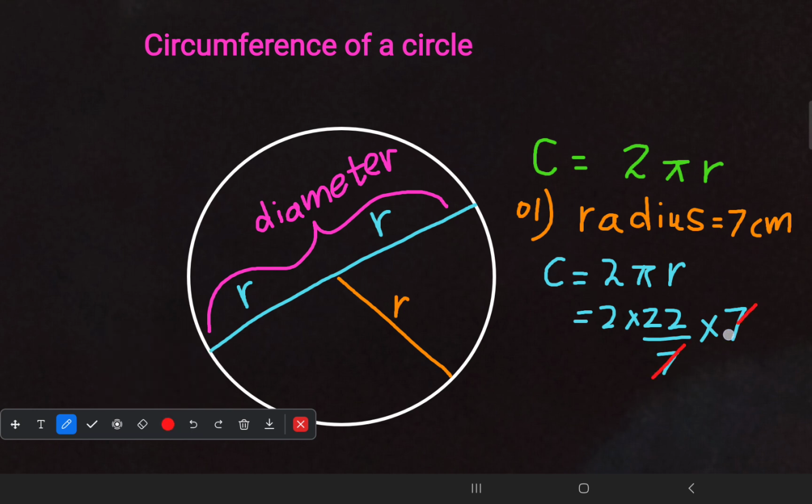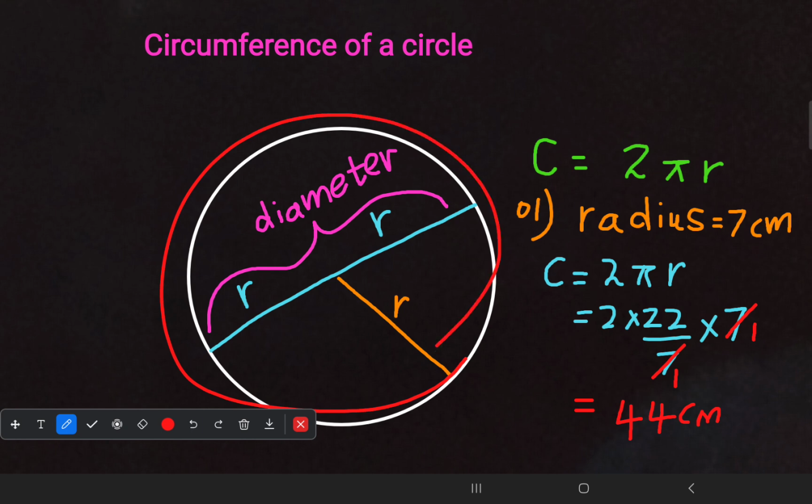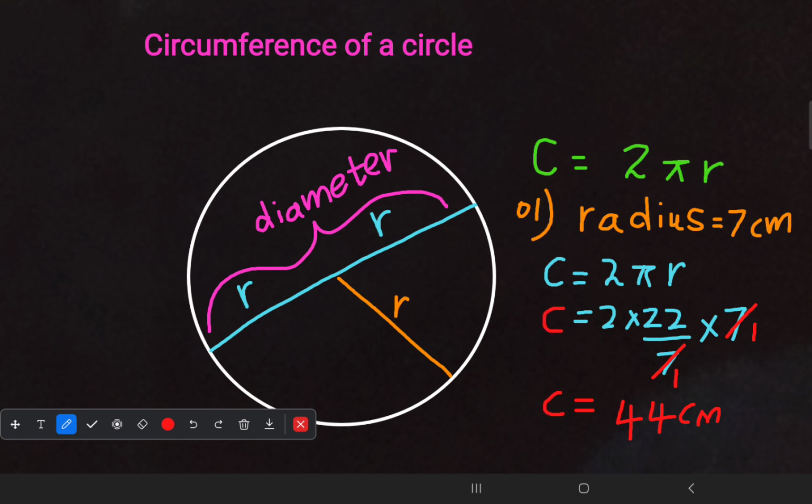This 7 and 7 can be simplified, so 2 times 22 would be 44 centimeters. So the circumference of the circle, the external circular path distance, is equal to 44 centimeters. There is no square or cube, this is just a length, so we use centimeter or meter measurements.